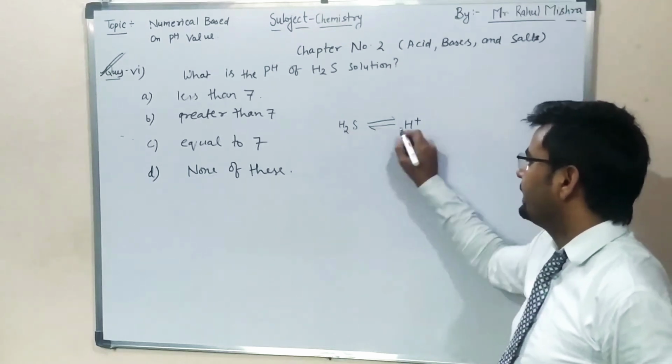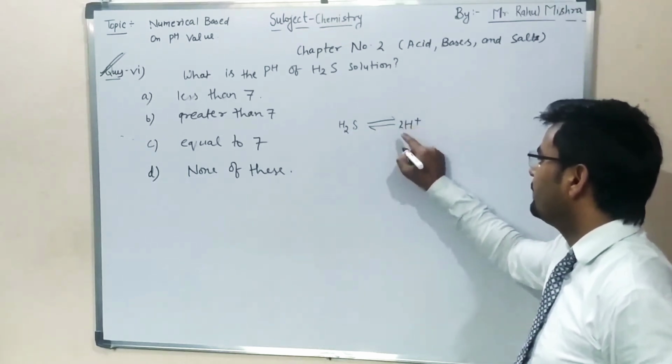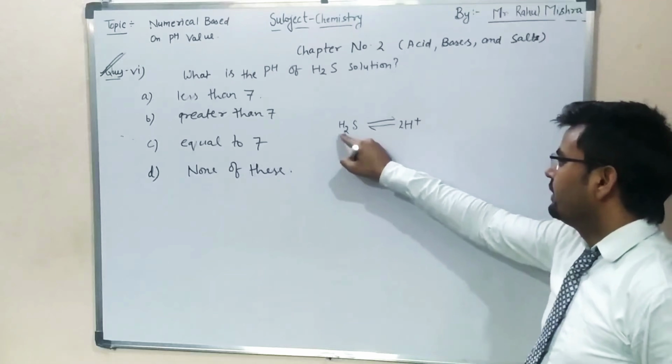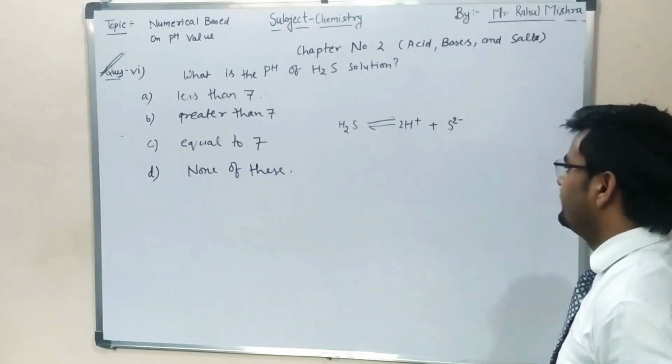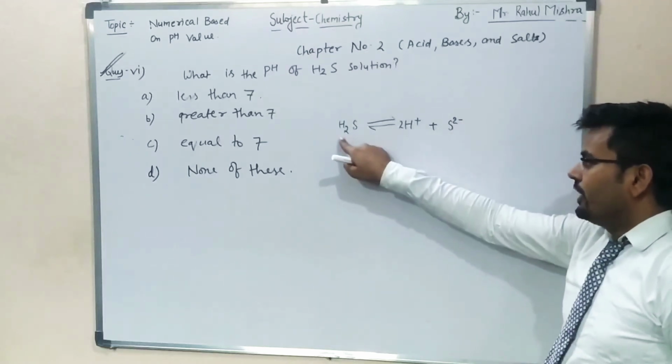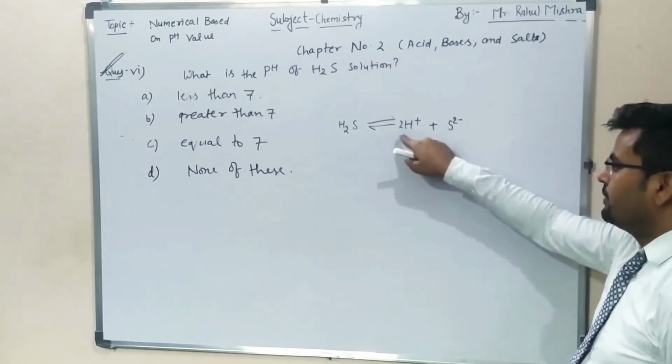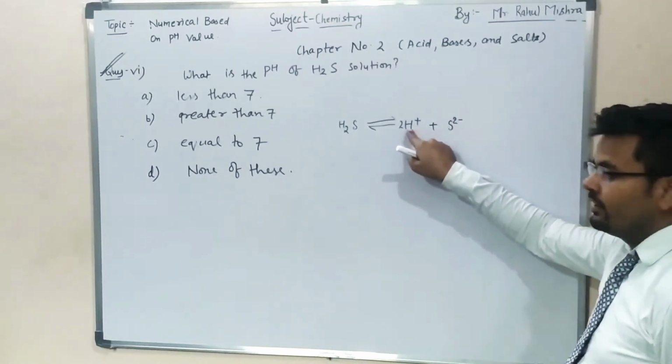How many H plus ions? It will form 2 H plus ions, and S2 minus ion. So H2S will give 2 H plus ions.